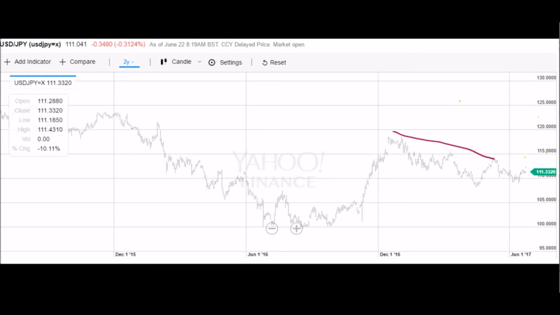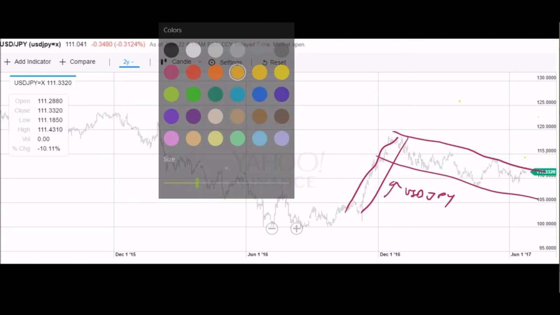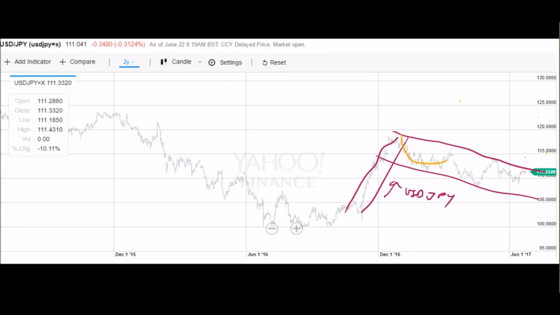So what we did for initiating a trade, for finding a good enough reason to initiate a trade, is that we've said that the trend is up for the dollar yen. The primary trend is up. Now there has been a period of consolidation here. We've identified this period of consolidation as a head and shoulders continuation pattern. We've got the left shoulder, the head, and the right shoulder.